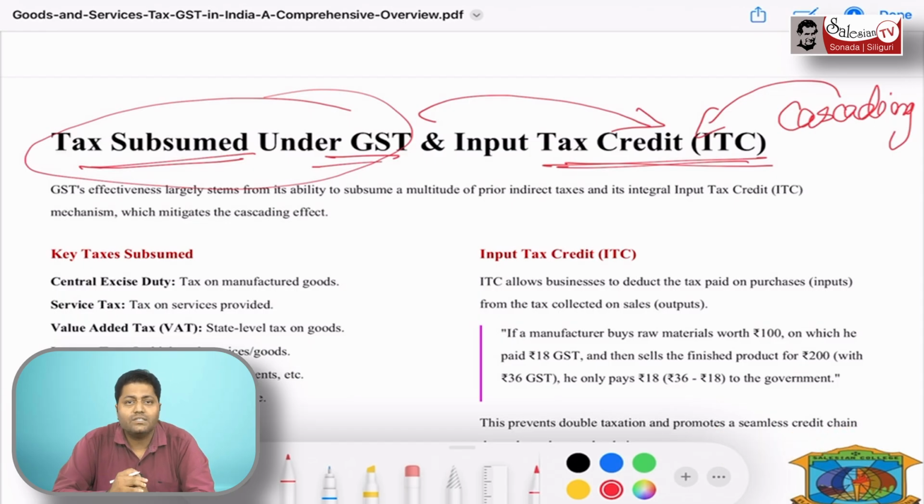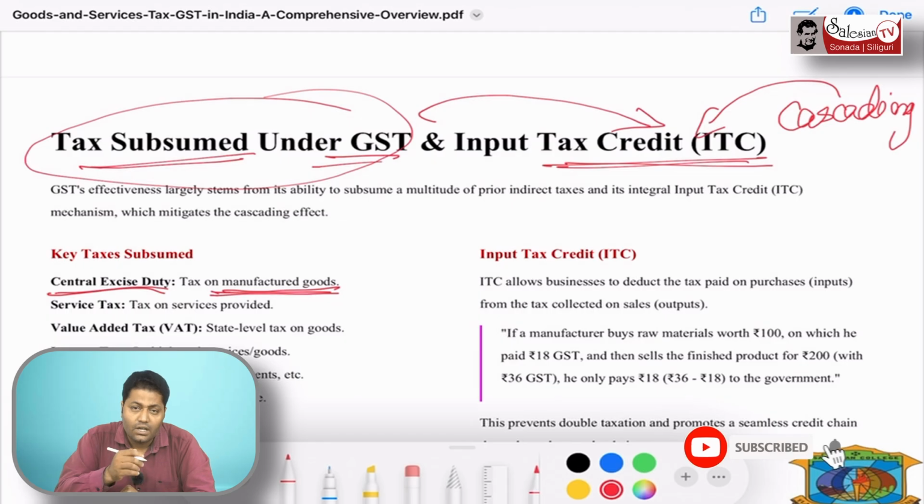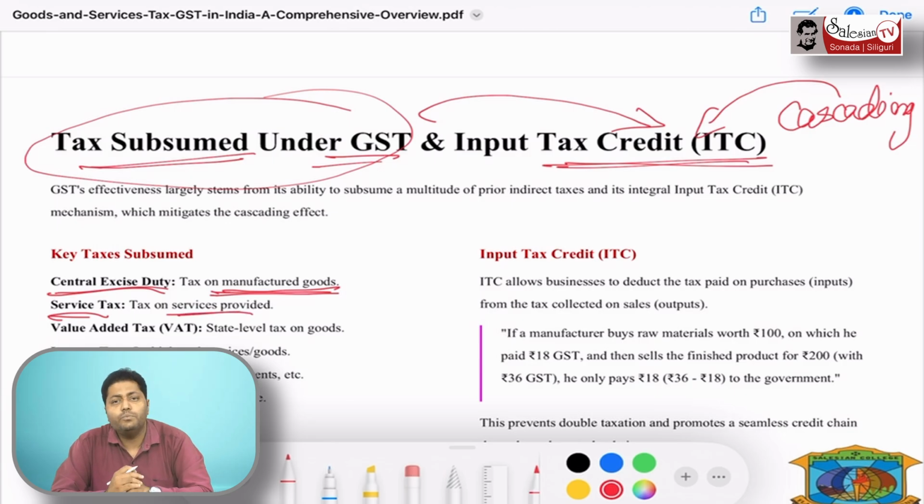Let's see what taxes have been subsumed under GST. That is central excise tax. You have heard it is charged for manufacturing. For goods which are manufactured, when they come out of the factory, the manufacturer has to pay central excise duty. Next, service tax. Tax on services provided has also been subsumed in GST.